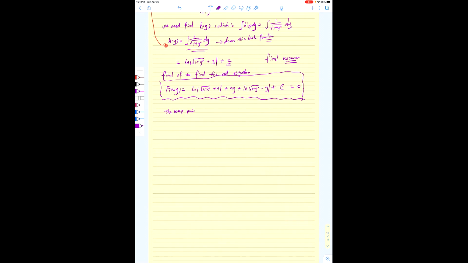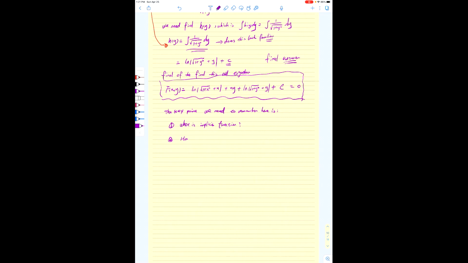The key points we need to remember here are, first, what is an implicit function?